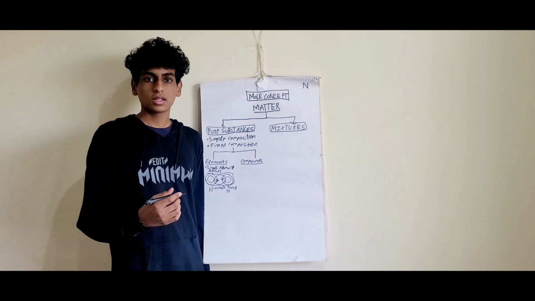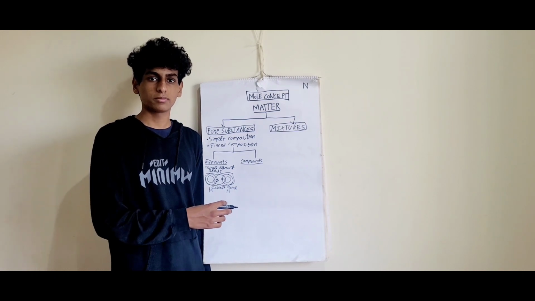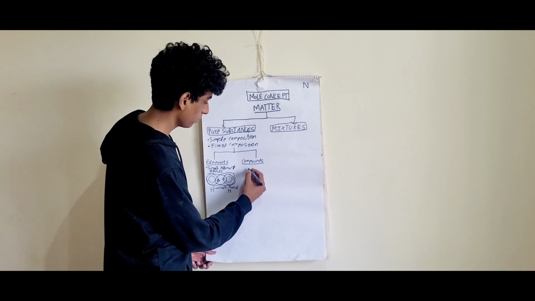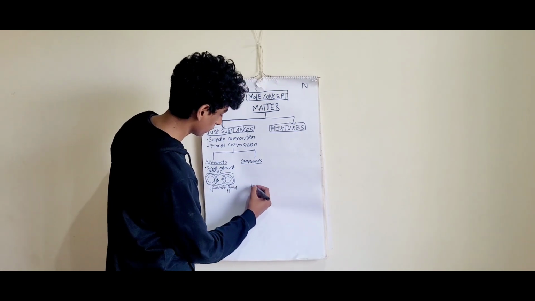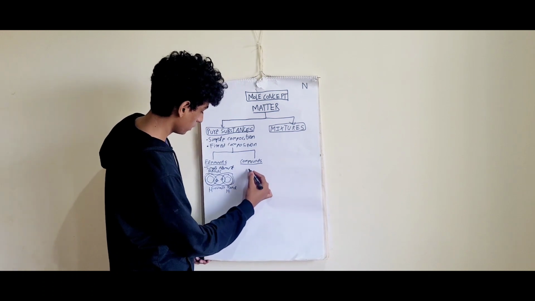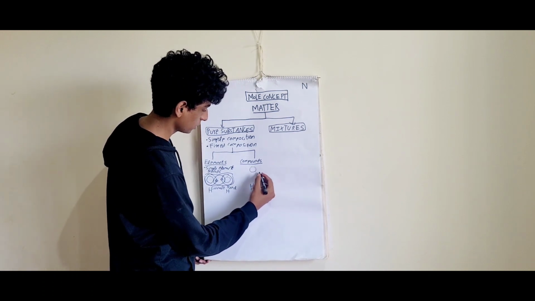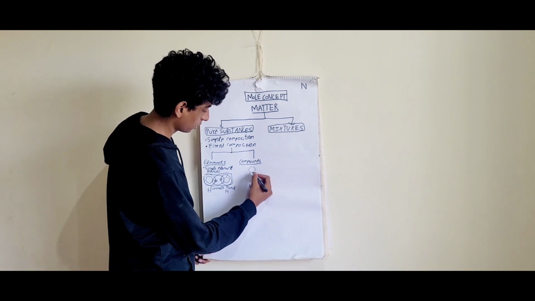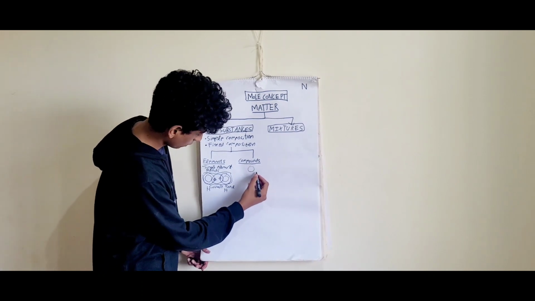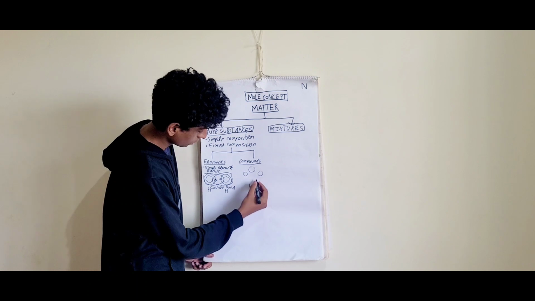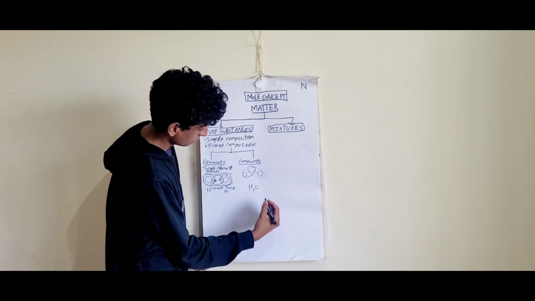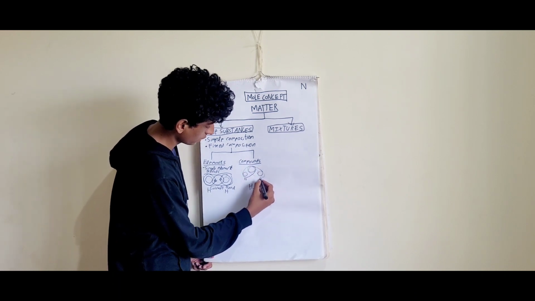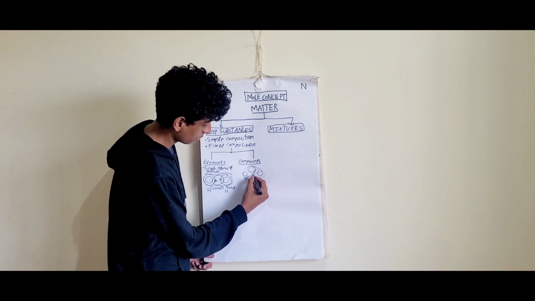In compounds you can have different types of atoms in simple compositions, for example water. Water is basically H2O. Over here you have 1 oxygen atom, and hydrogen, hydrogen. These will also form a covalent bond with each other. So this is 1 hydrogen atom and 1 oxygen atom.